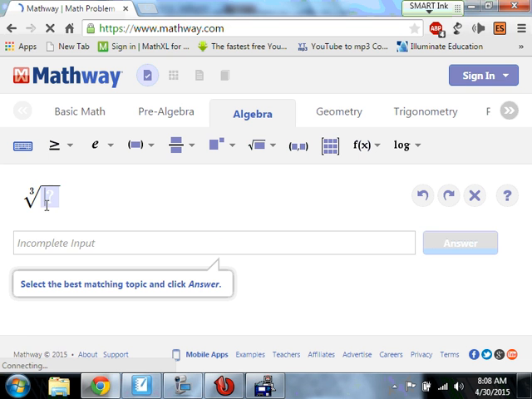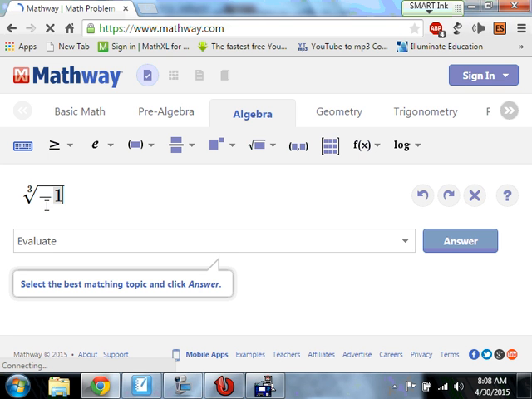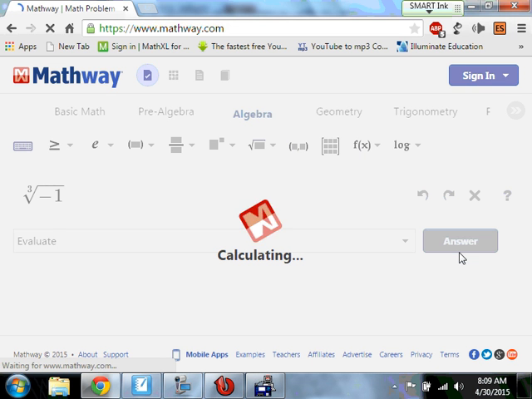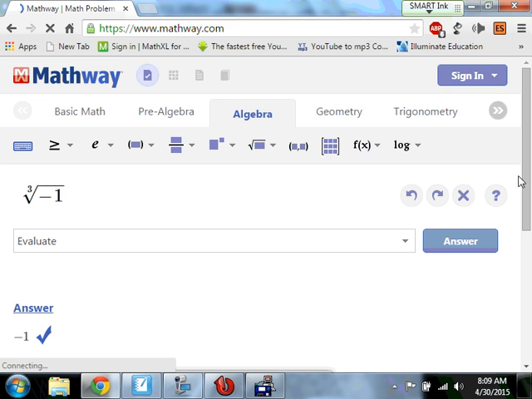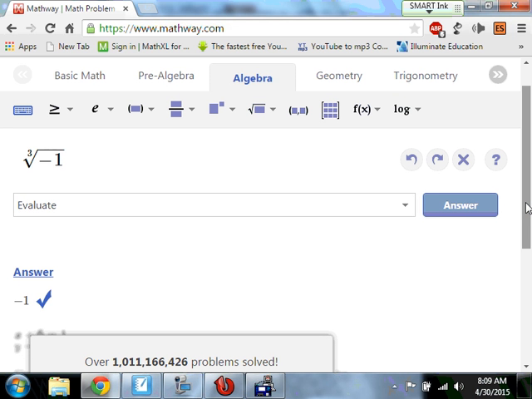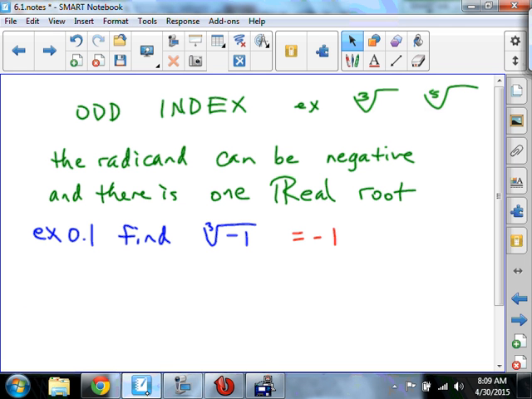Third root, -1. Evaluate. Answer. Boy, that took a long time, but it's right. So that's a Lamborghini with paddle shifters. Okay. I like that. That was good. I'm going to use that.